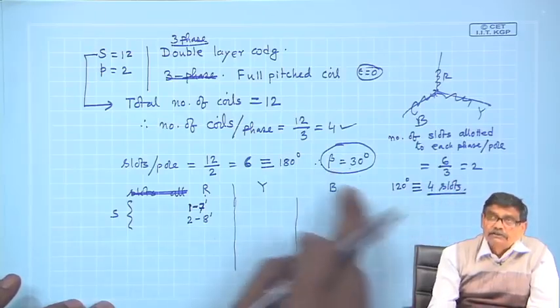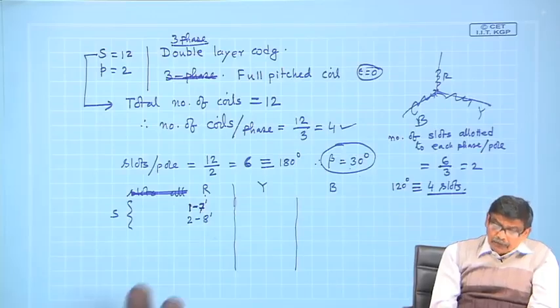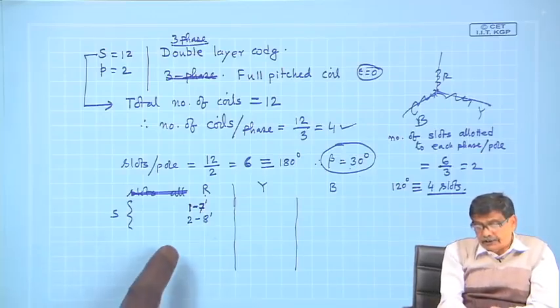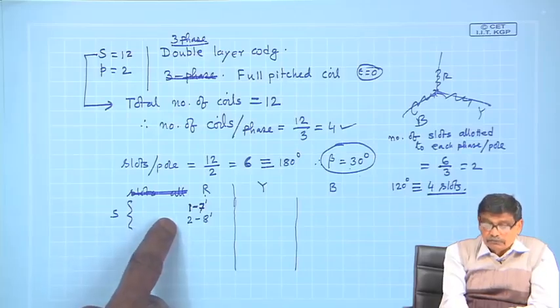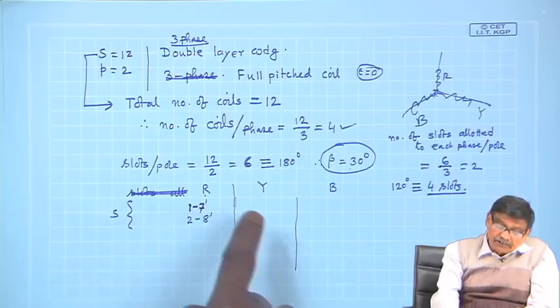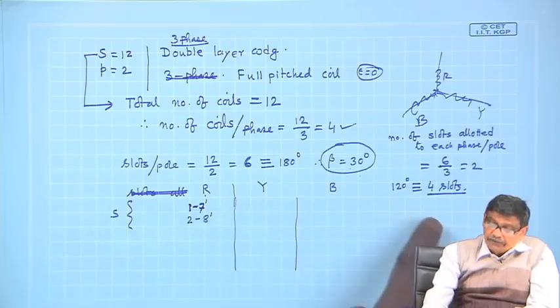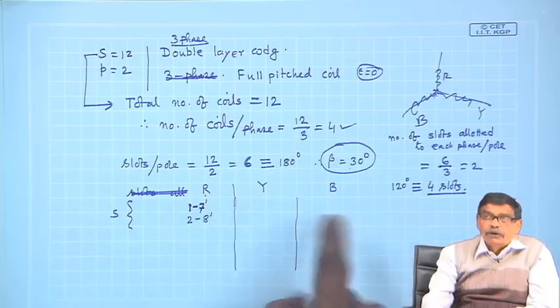Therefore, if you have started R phase from slot number 1, Y phase should start from slot number 1 plus 4, 5.